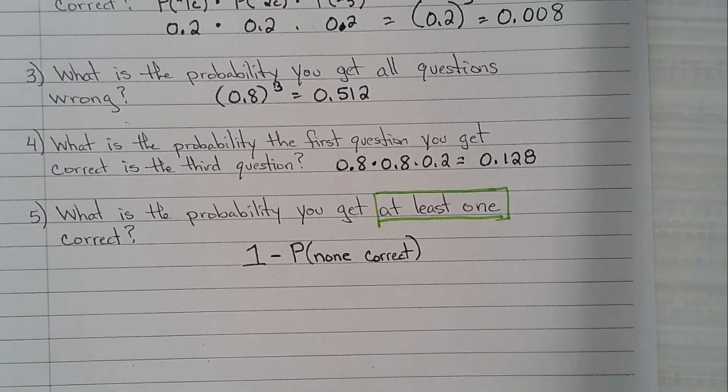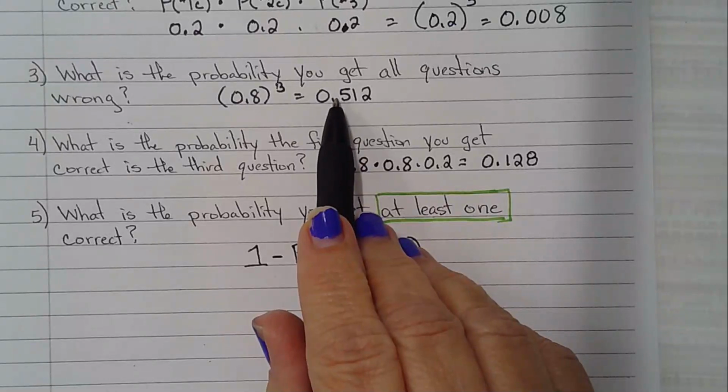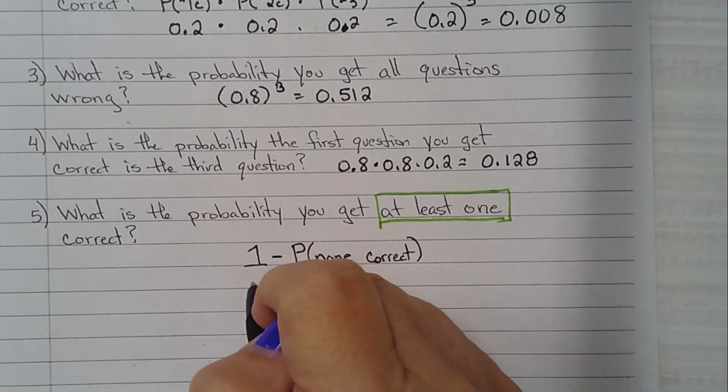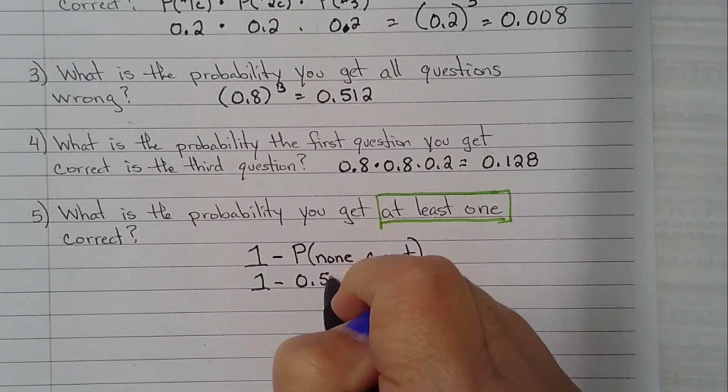So getting none correct is the same thing as getting them all wrong. So we actually already calculated that probability up here, number 3. So this is going to be 1 minus 0.512.